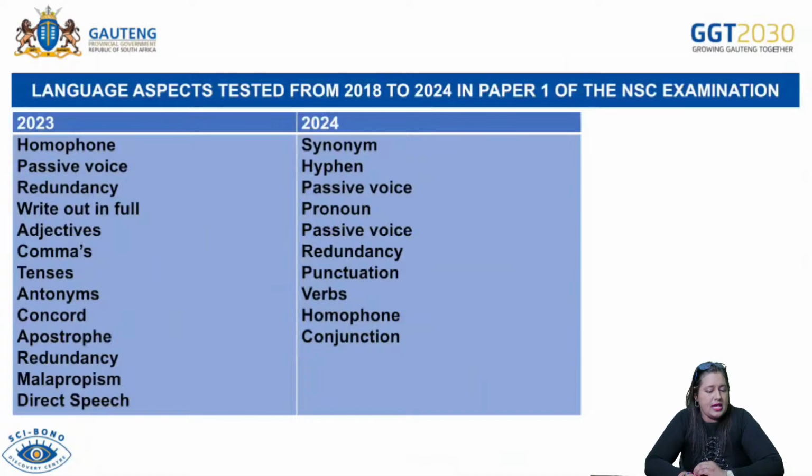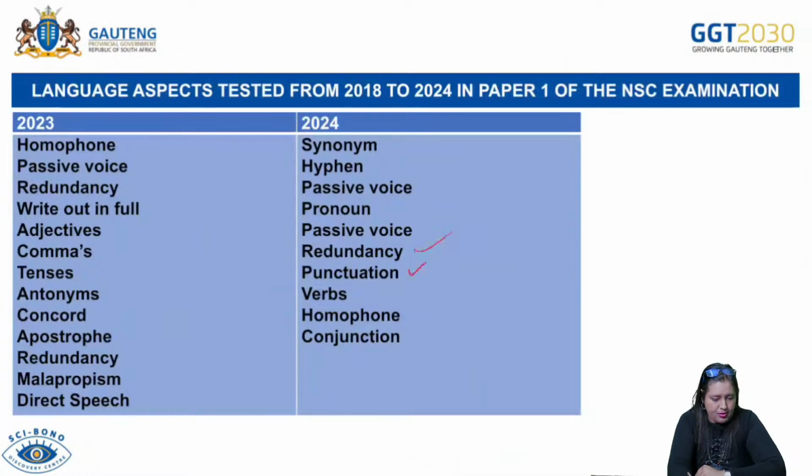Homophone, passive voice, redundancy, writing out in full, adjectives, commas, tenses, antonyms, concord errors, apostrophe, redundancy, malapropism, direct speech. All right. You see redundancy there.